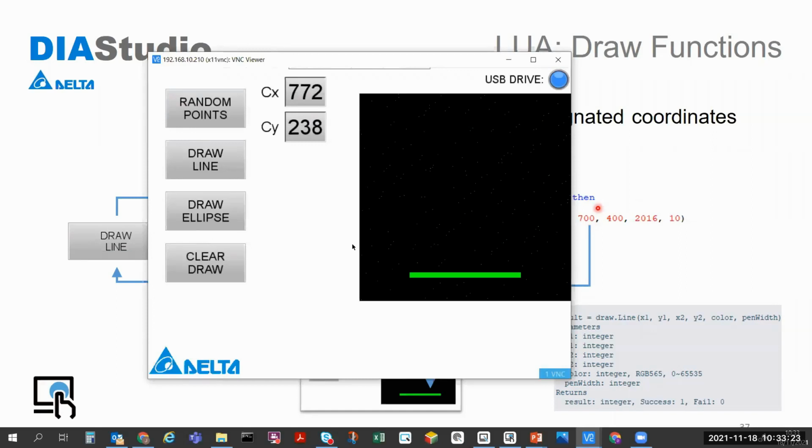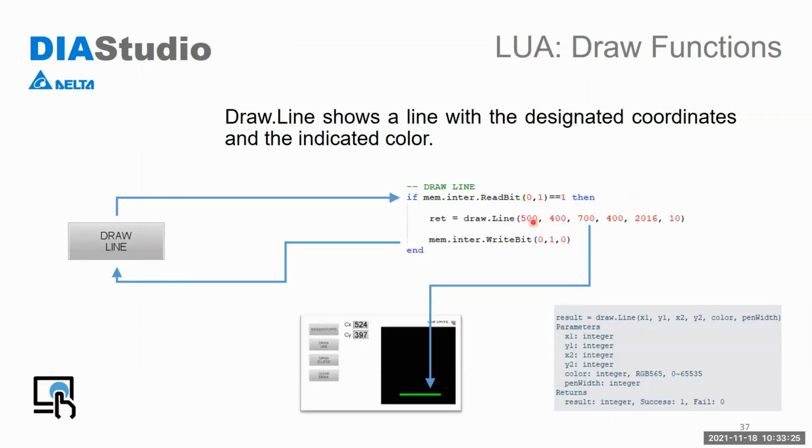In this case, I have fixed arguments from 500, 400 as initial point until 700, 400. So it means a horizontal line of, sorry, 200 points of length. This is what you see here.